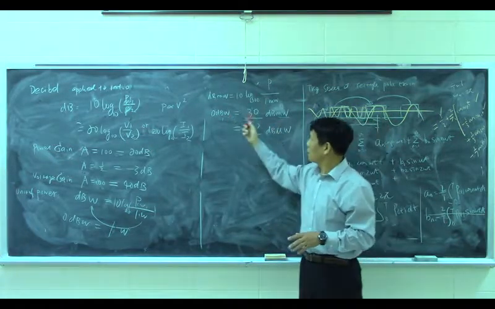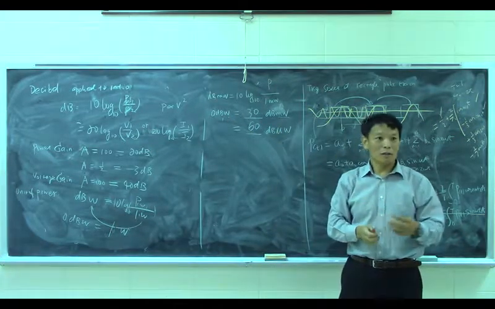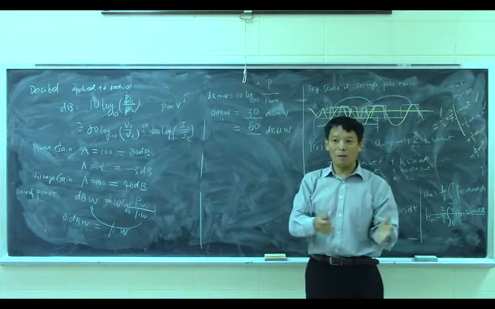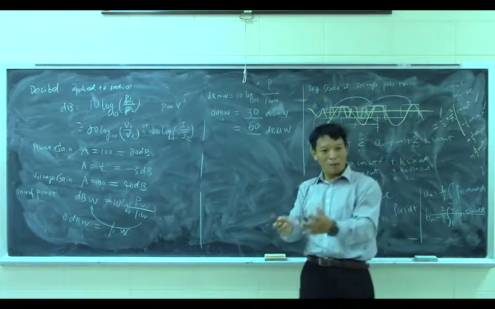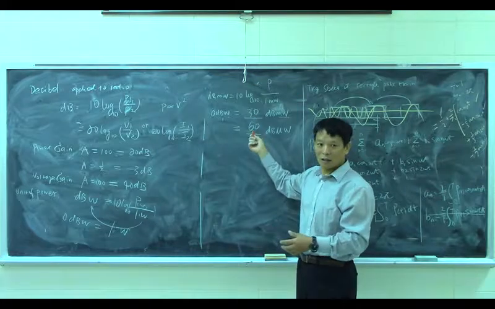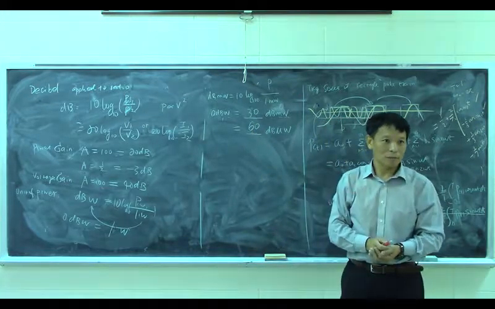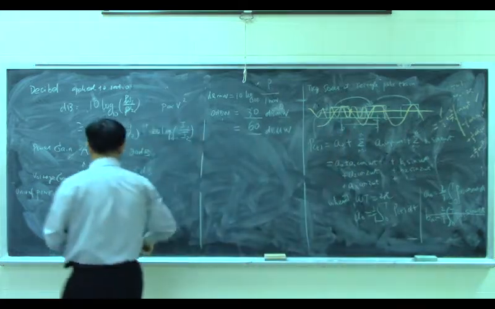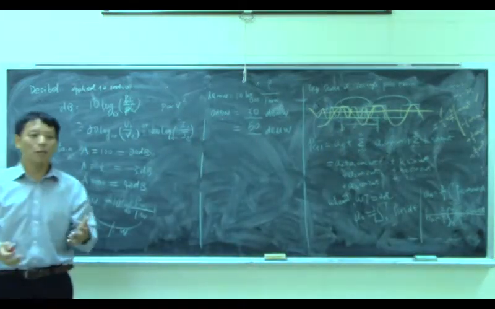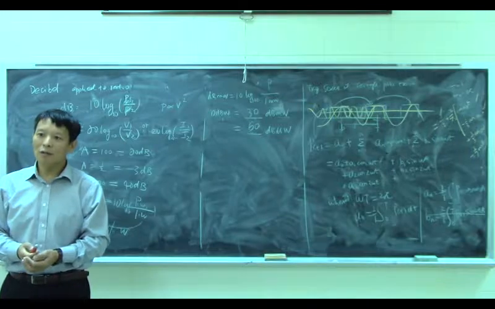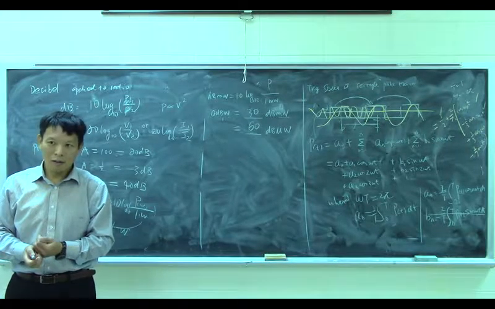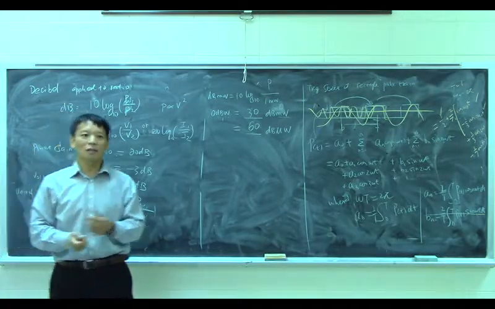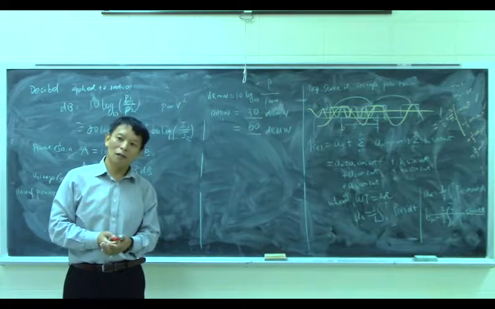This one is 30, this one is 60. Usually you multiply by 10, 1,000, 1 million. Now you just add 30, add 60. Why do we want to use this dB concept? We can convert a multiplication into an addition. We can convert a division into a subtraction.